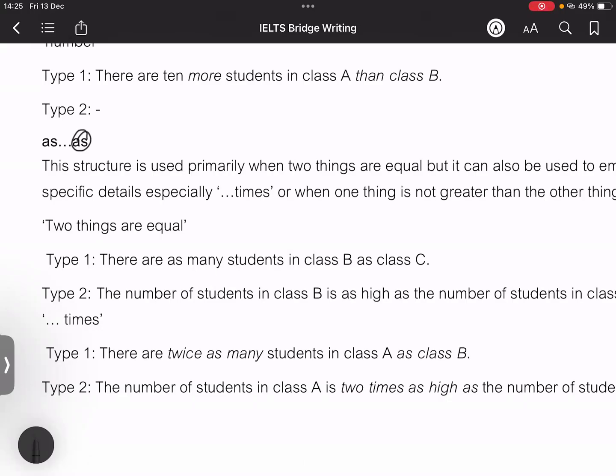So when I say I am as rich as my friend, I basically join two sentences together. The first sentence is I am rich. The second sentence is my friend is rich. So we have two sentences: I am rich. My friend is rich.